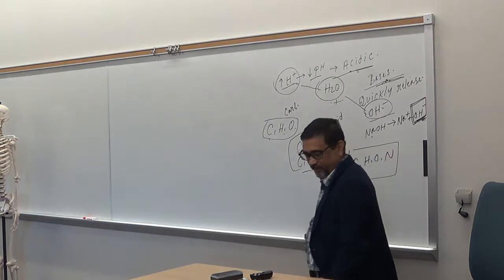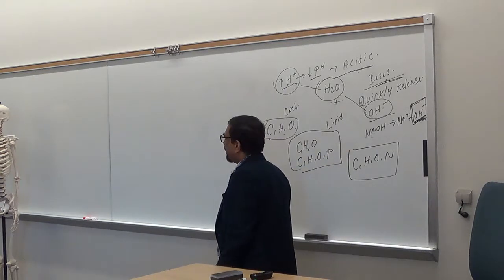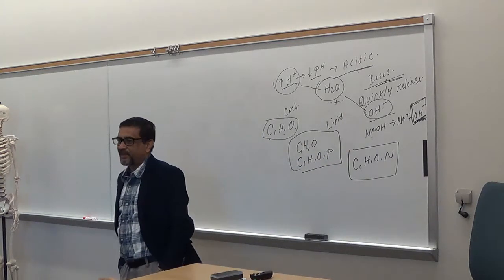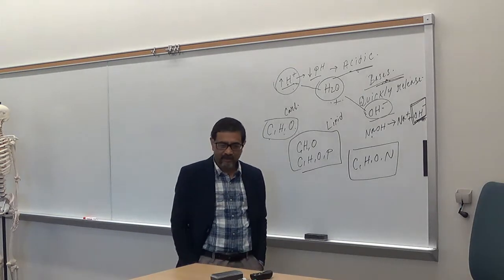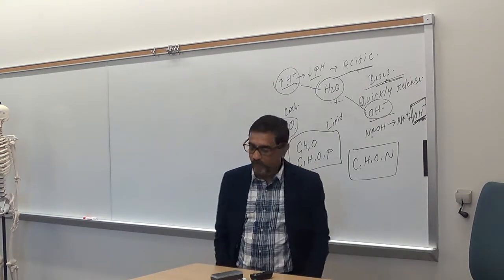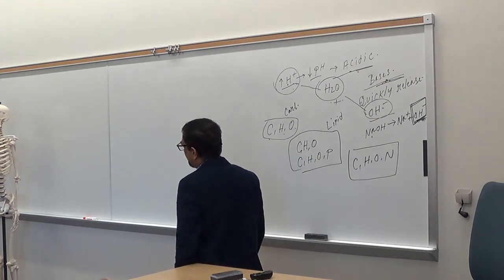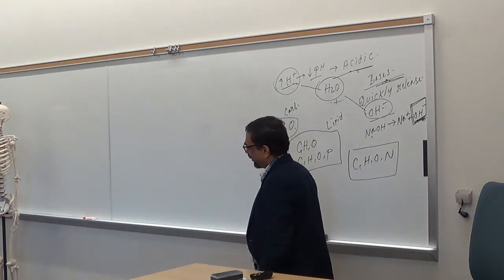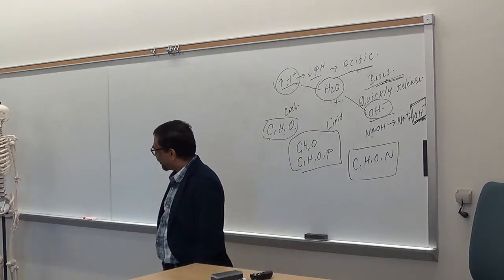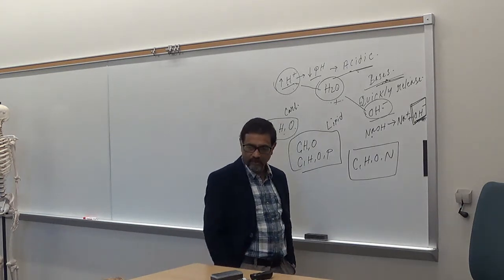Example, glucose, monosaccharides. Disaccharides are double sugar. So two glucose molecules or monosaccharides join to form a disaccharide. Example, maltose.